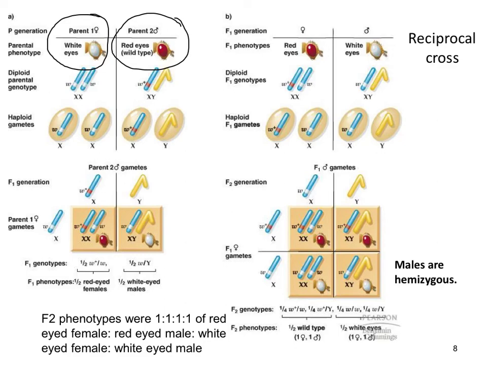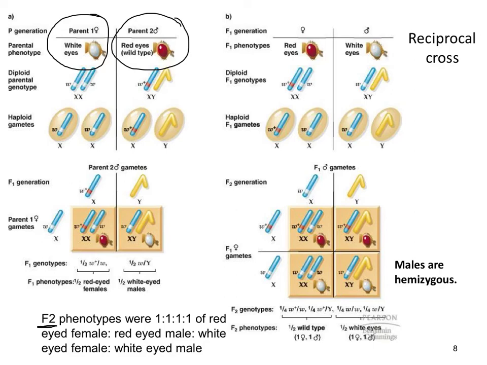The two figures shown here on the left and the right-hand side show the outcome of that reciprocal cross. You can take the time to walk through this. I think it's pretty self-explanatory. But the punchline is that the F2 from this reciprocal cross shows a different phenotype ratio than the F2 in the previous example.